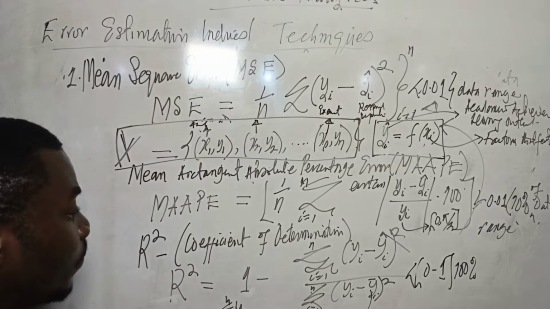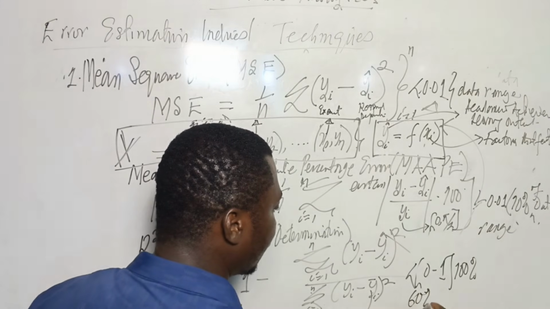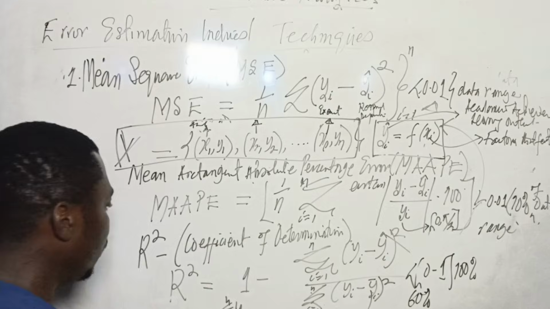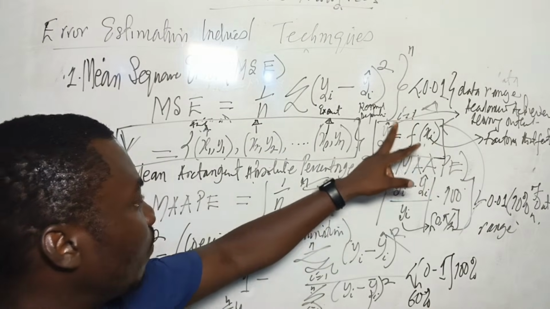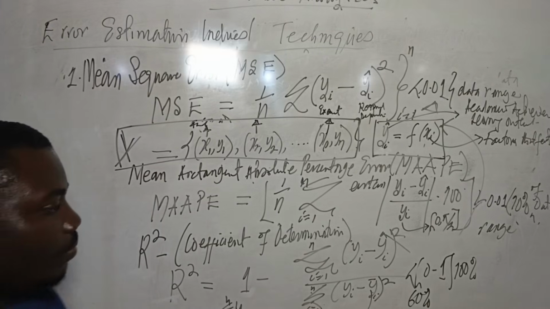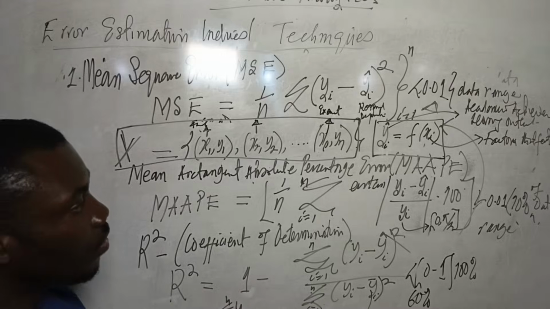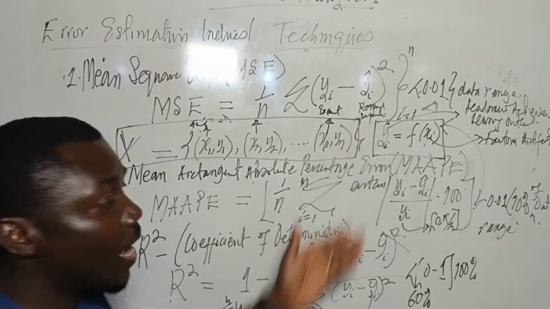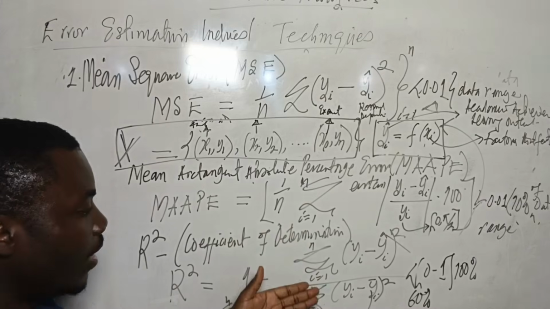So if you have, for instance, maybe 60% contribution of the independent variable on the dependent variable, you now say, okay, that model is good enough, but it's only maybe 40% of other factors that you did not consider in the analysis.